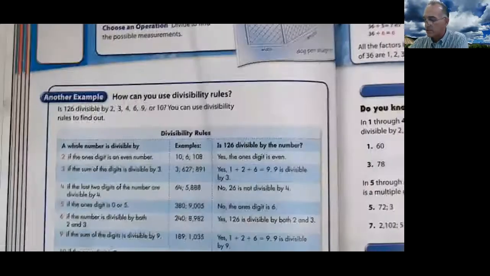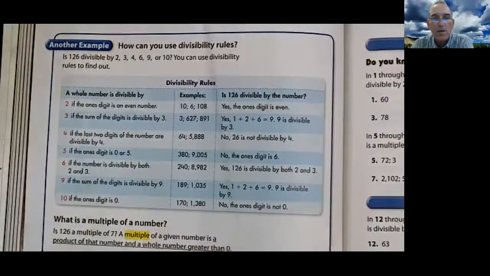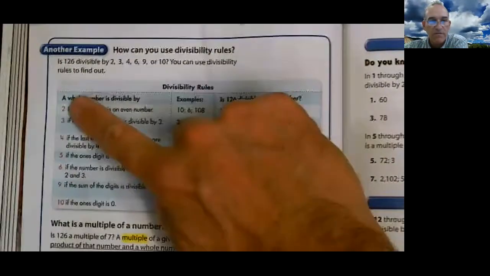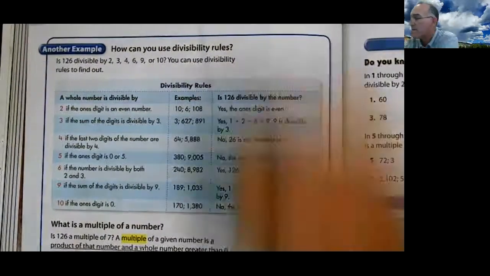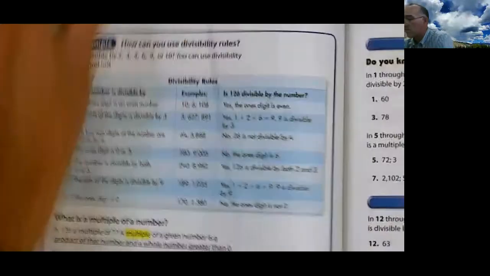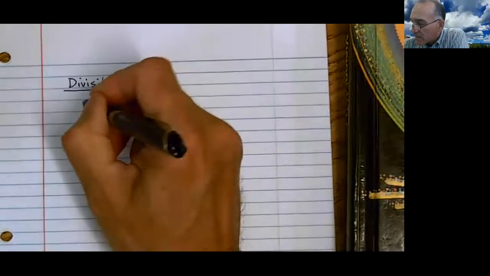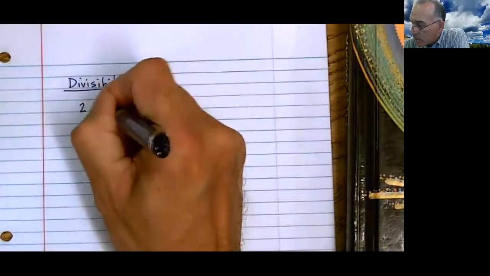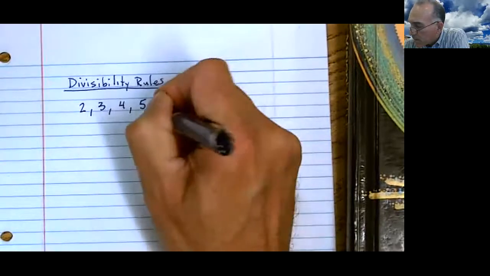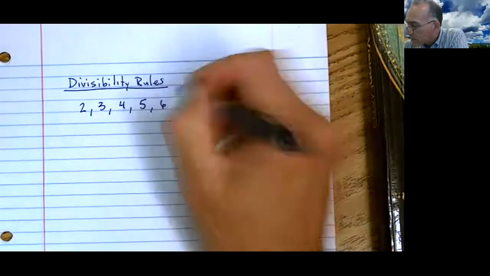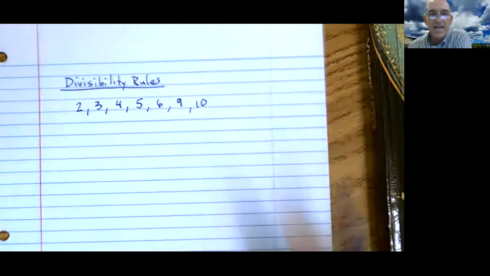Ready? So let's look at these divisibility rules. I want us to know these divisibility rules for these numbers. Here are the numbers that I want us to know. In fact, some of these you already know. 9 and 10.